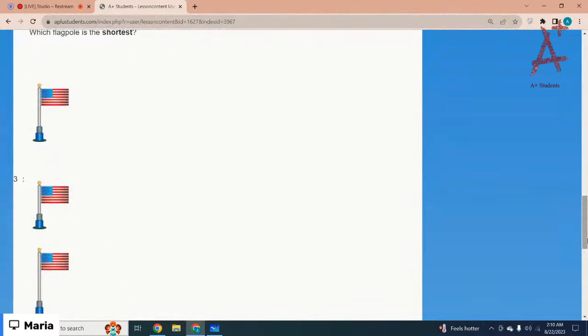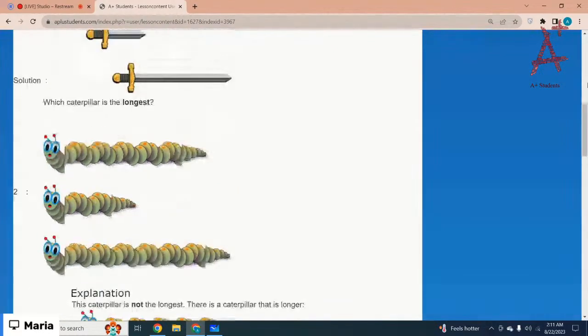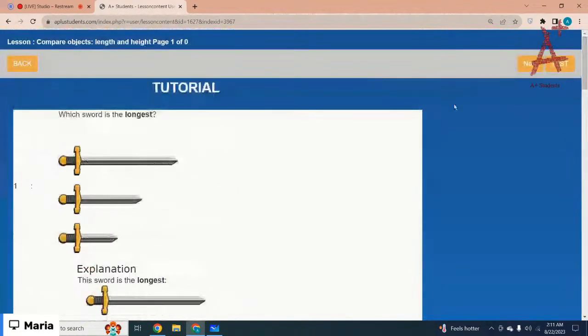You have to see which is the shortest. The middle one is the smallest one. So that would be the middle one. Okay, I think you are talking about the last one, the caterpillar question.